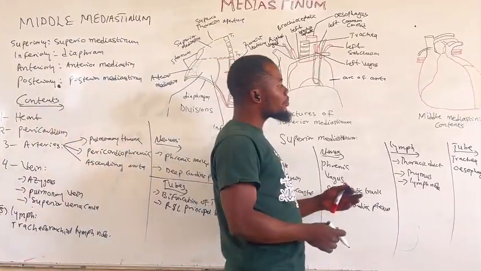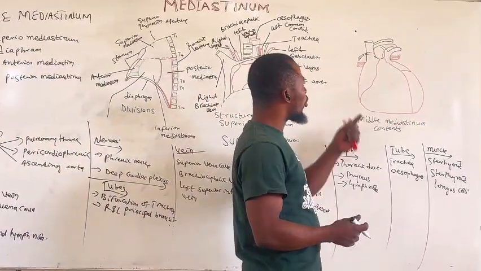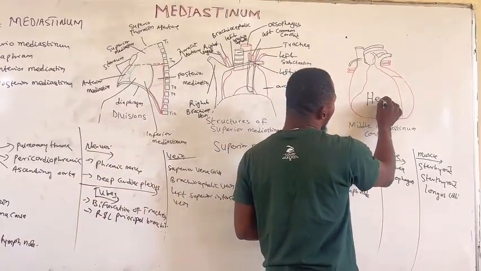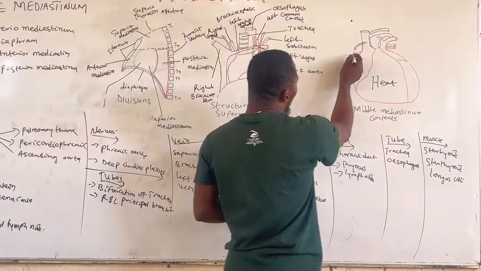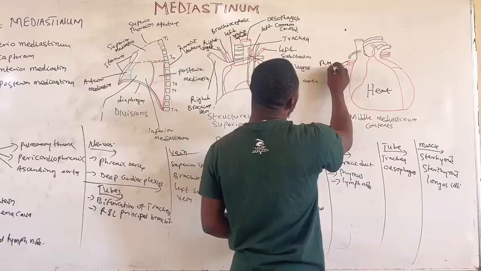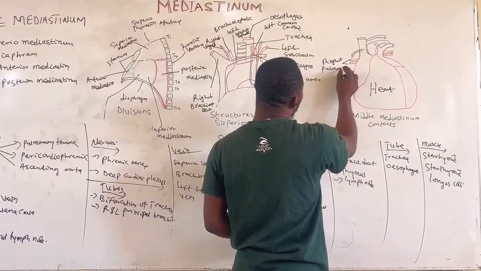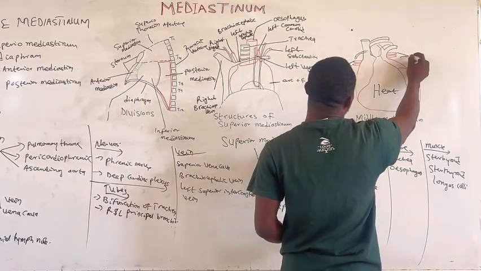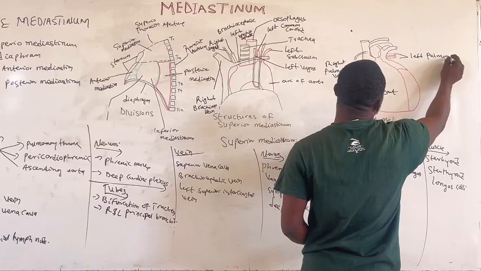This diagram here is showing us the middle mediastinum content, some of its content. This whole part here is the heart. And from here, these two here are our right pulmonary veins. And here, this is our left pulmonary vein.